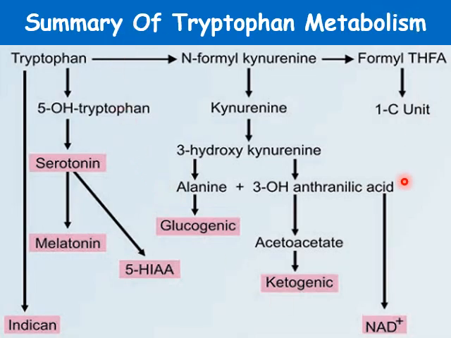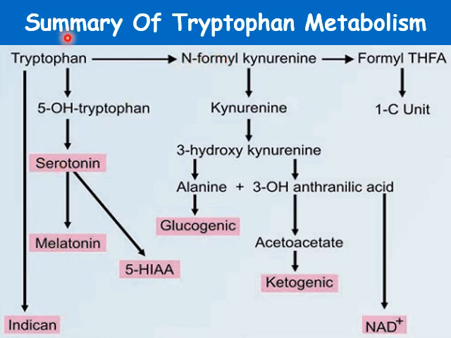So this is the summary of tryptophan metabolism. How we are getting different products from the tryptophan metabolism. First we get formyl tetrahydrofolic acid, that is a one-carbon compound. We get serotonin and melatonin, the neurotransmitters. This 5-hydroxyindole acetic acid and the indican are end products or the degradation products of tryptophan.